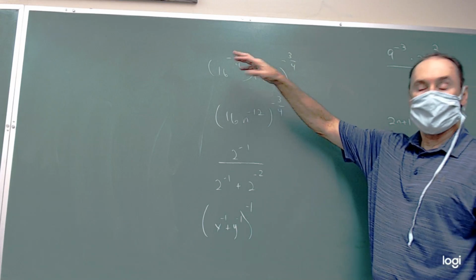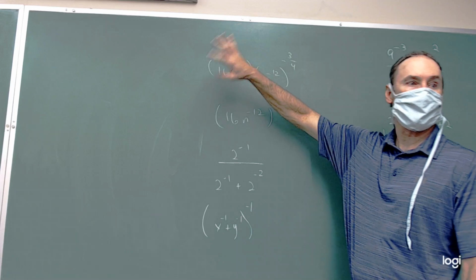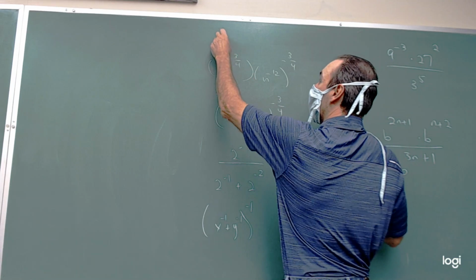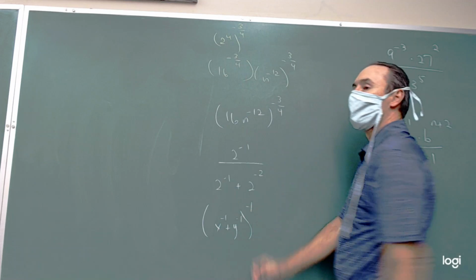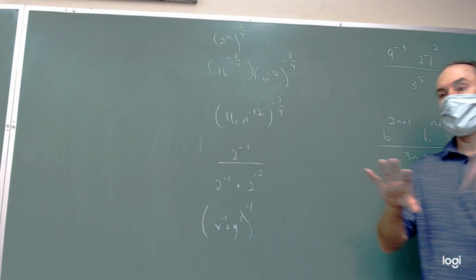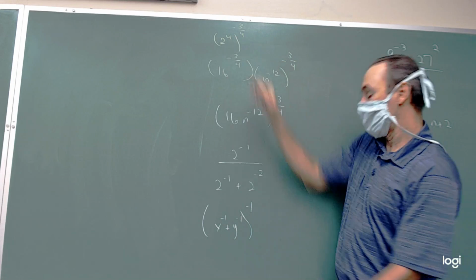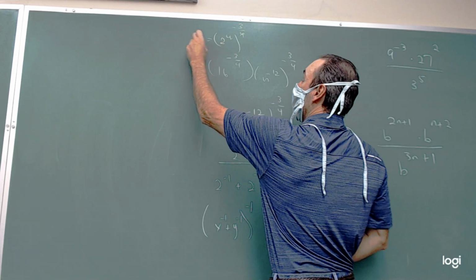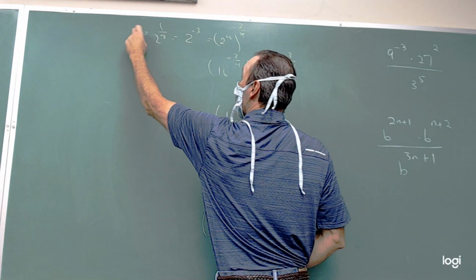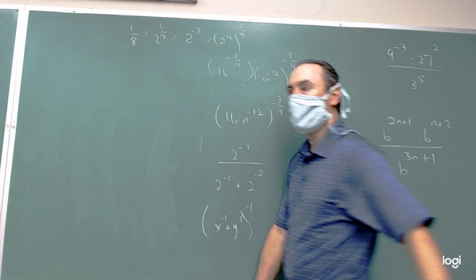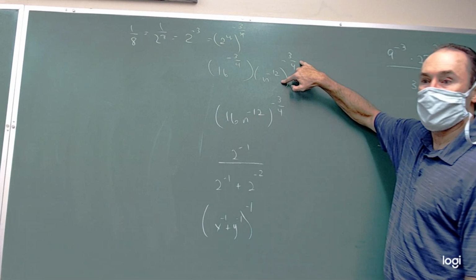Now some people like to make this the 4th root of 16 and cube that. That's fine. I'm a believer, I can see 16 as 2 to the 4th. So I would choose, but you don't have to multiply exponents. See that the 4's are going to cancel. Call that 2 to the negative 3, which is 1 over 2 to the positive 3, which is going to eventually become a 1/8.